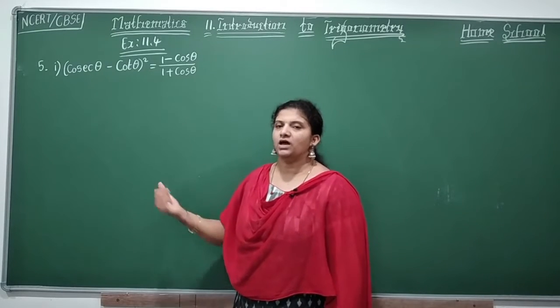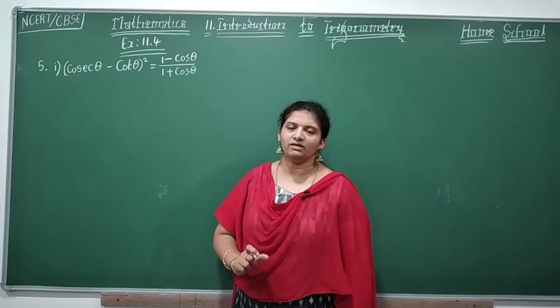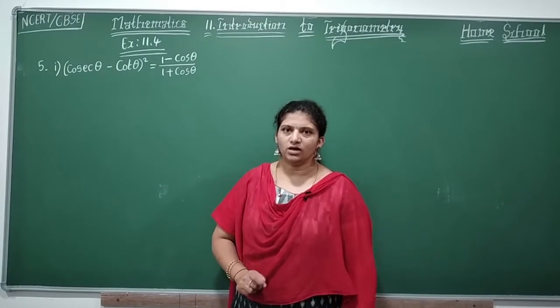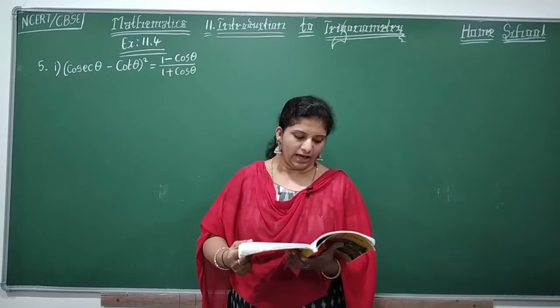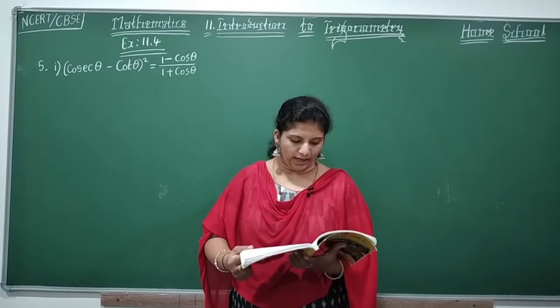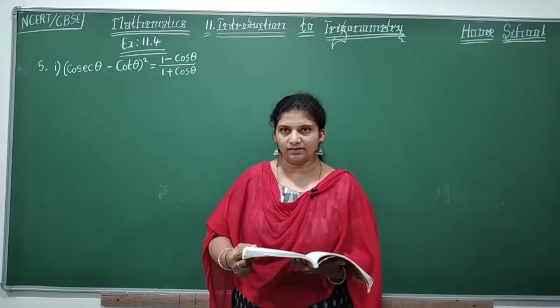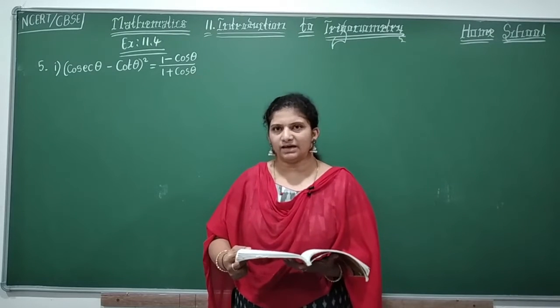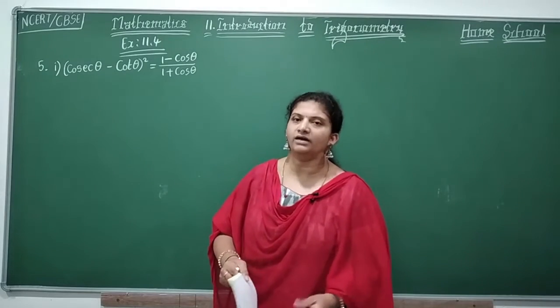So listen carefully, this sum is very important. Let's see the heading here. Prove the following identities where the angles involved are acute angles. Acute means less than 90, for which the expressions are defined.